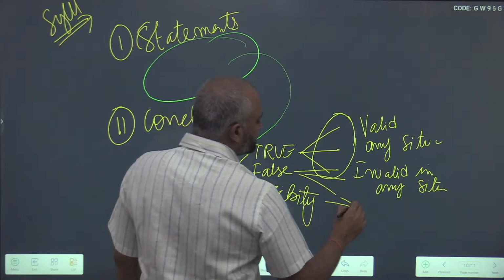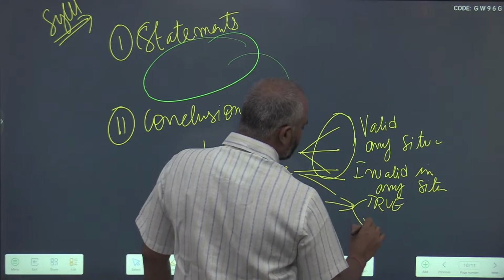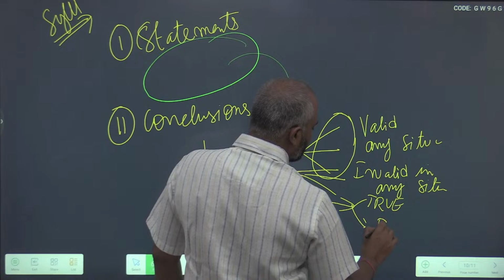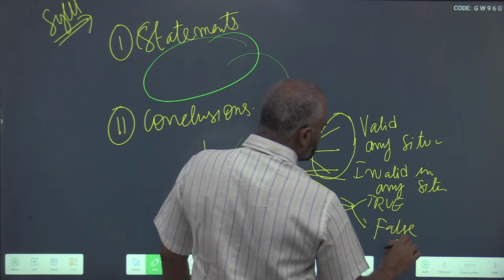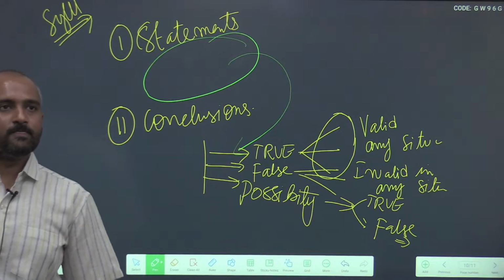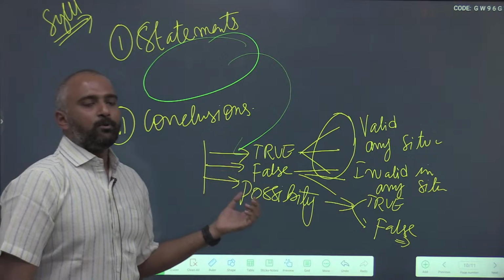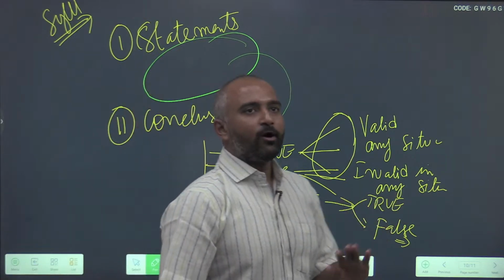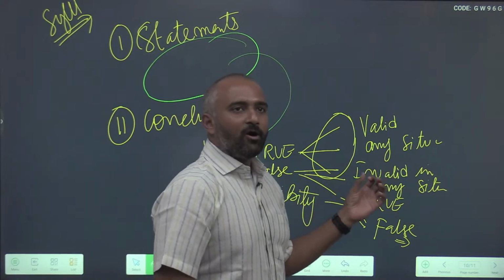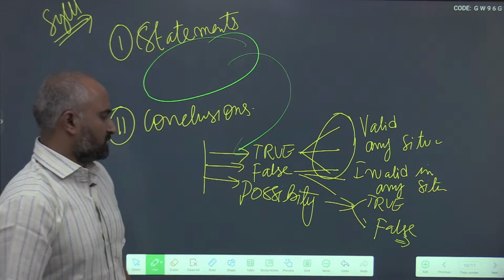Possibility is, in some situations it is true, and in other situations it is false. So conclusions are of three kinds: true, false, and possibility. True is valid in all possible situations. False is invalid in all possible situations, and possibility is true or false.